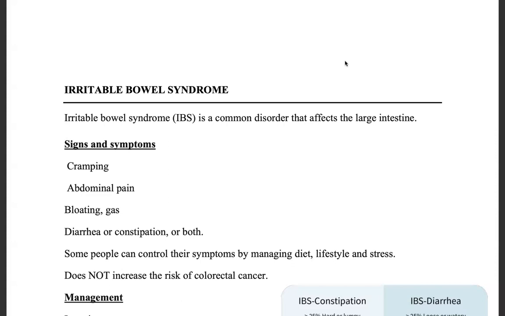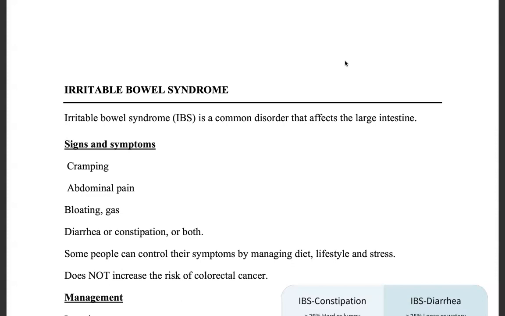So the Rome 3 criteria again suggests that the symptoms should be present for the preceding 3 months, and at least 3 days per month. The abdominal pain should be relieved after defecation, and the onset of the abdominal pain is associated with a change in stool frequency.